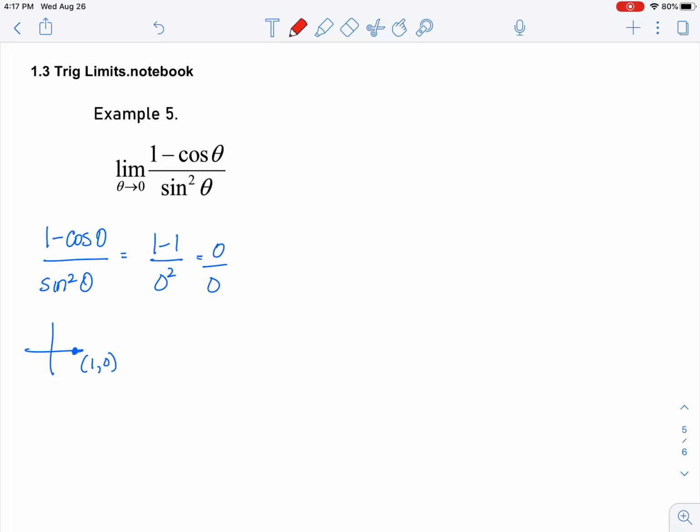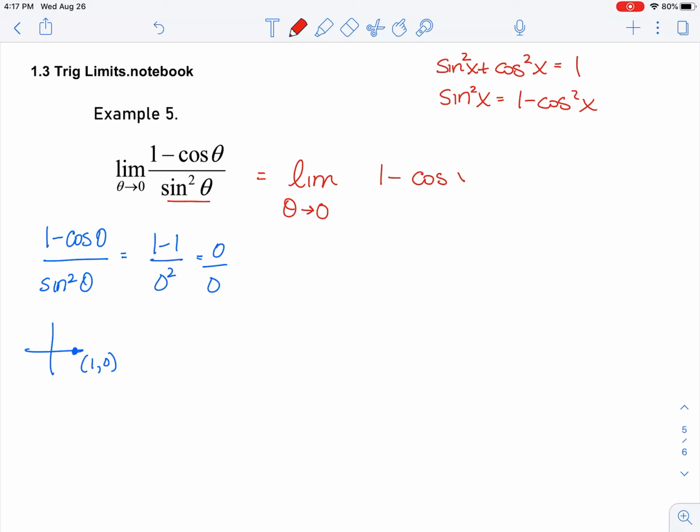So here we're going to have to use our Pythagorean identities, which say sine squared x plus cosine squared x equals 1. That means sine squared x equals 1 minus cosine squared x. Oh, this one's going to get fun. So we have the limit as theta approaches 0 of 1 minus cosine theta on top, over 1 minus cosine squared theta on the bottom.